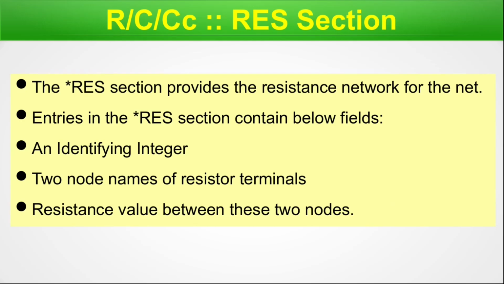So one single RES line will contain an identifying integer, two terminal node names, and finally the resistance value. The RES section is a very important section for EMIR analysis. For EMIR analysis, the tail comment is a must. For STA, it does not matter whether we keep or remove the tail comment. We are done with this particular slide, so let's move on.